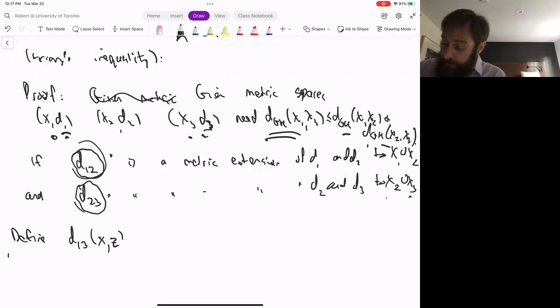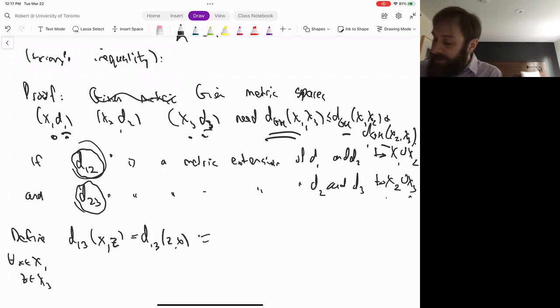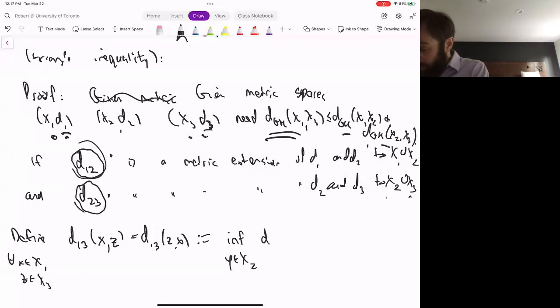So for every x in x1 and z in x3, I'm going to define this, and I need it to be symmetric. It turns out the good definition is an infimum over all y in the middle space of d12(x,y) plus d23(y,z).